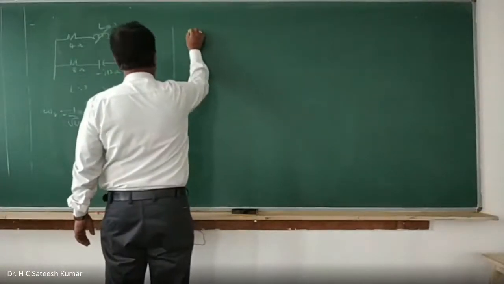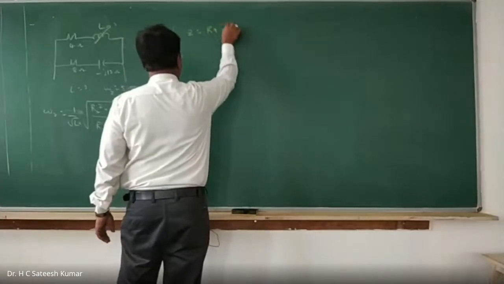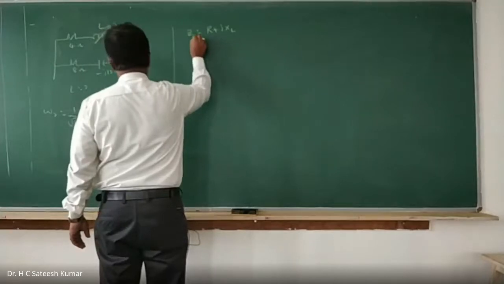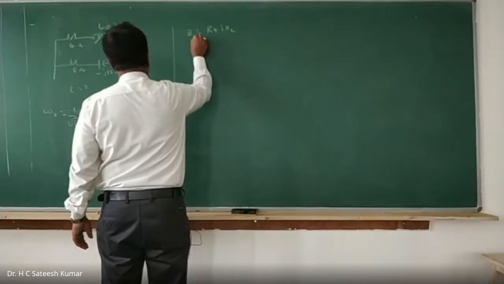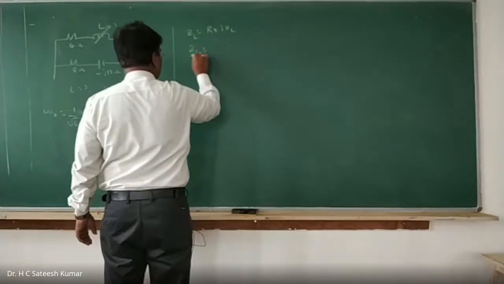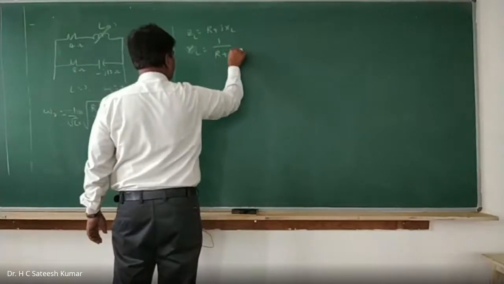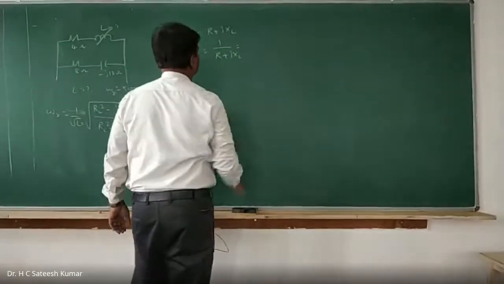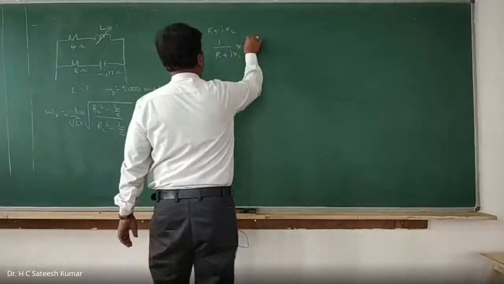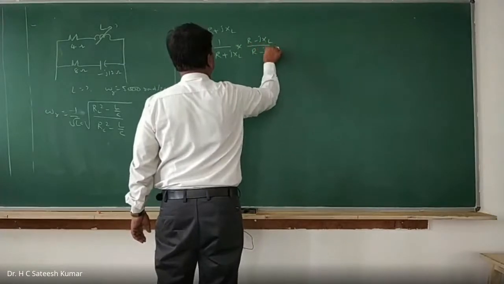Z is equal to R plus JXL. YL is equal to 1 divided by R plus JXL, multiplying by R minus JXL over R minus JXL.